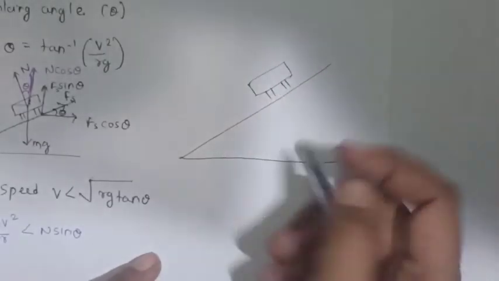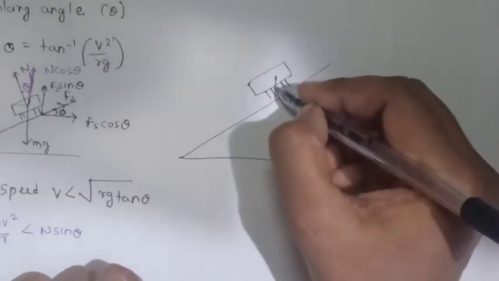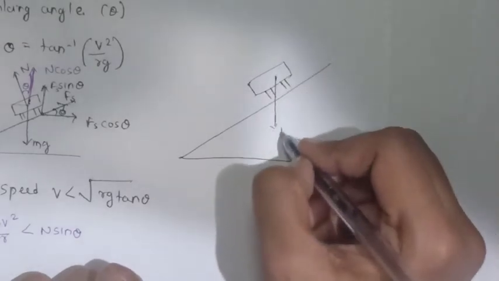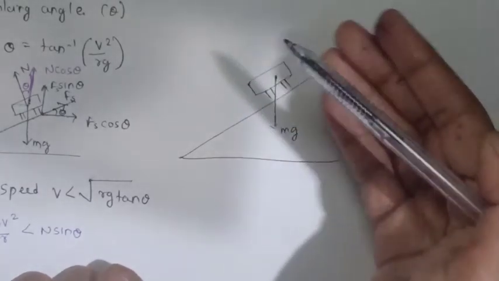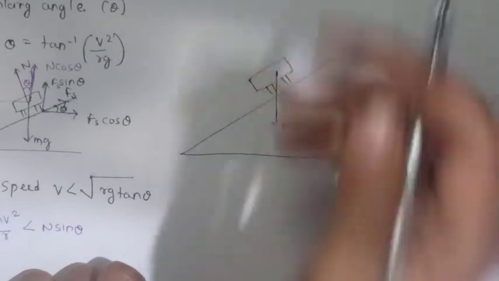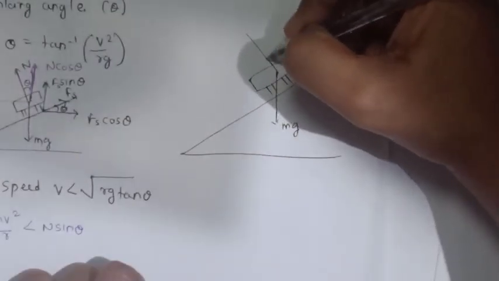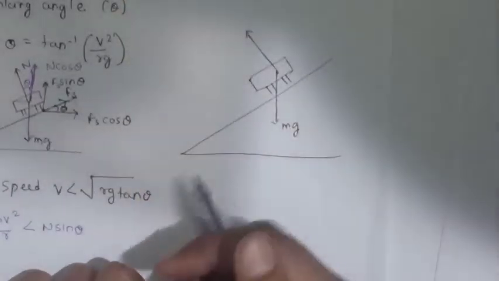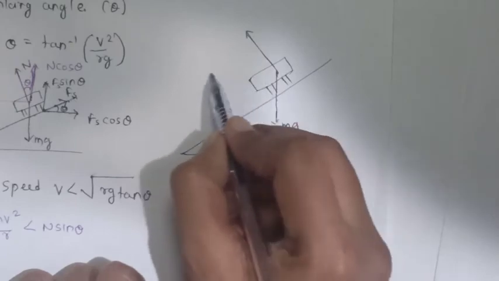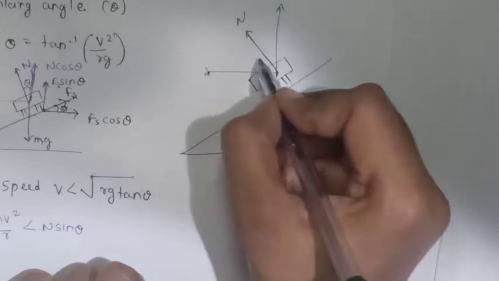Due to gravity, mg will act vertically downward. By Newton's third law, if there is an action, there will be an equal and opposite reaction, and that equal and opposite reaction is nothing but the normal reaction. As the normal is slanted, it can be resolved into vertical and horizontal components.